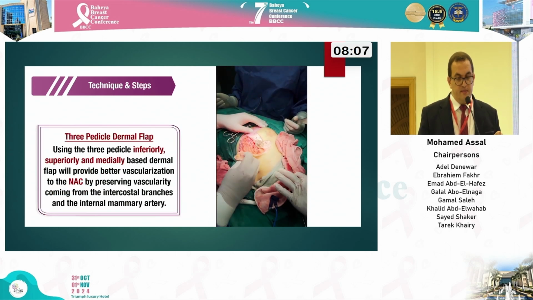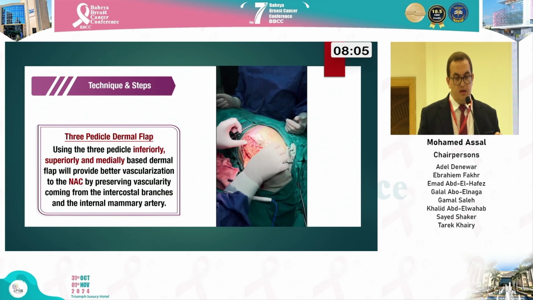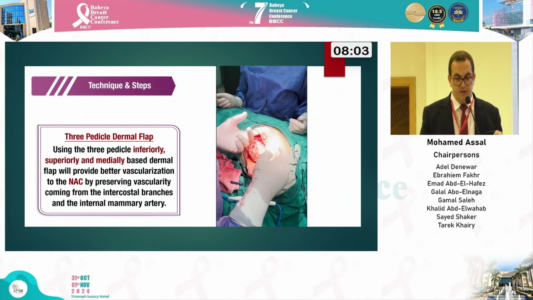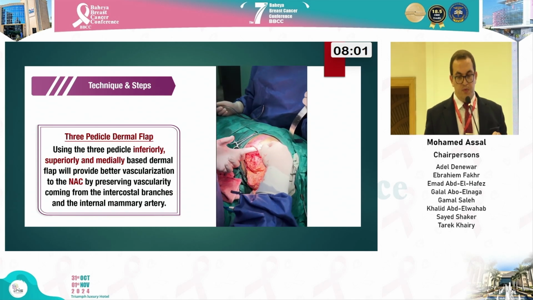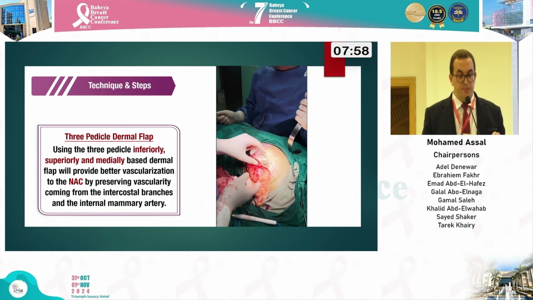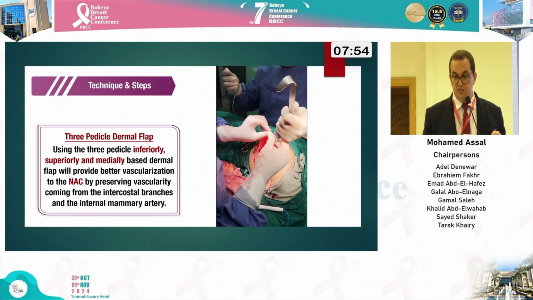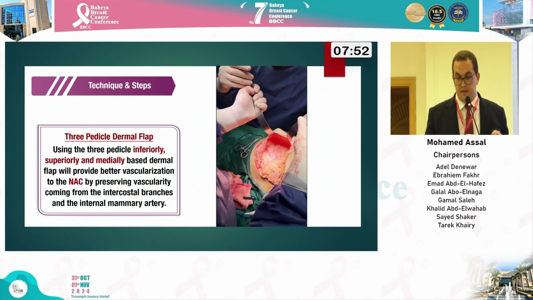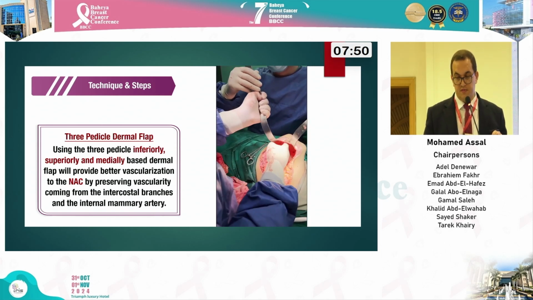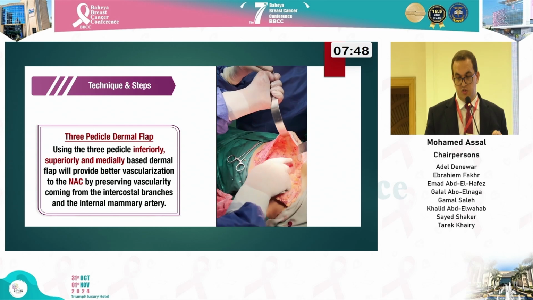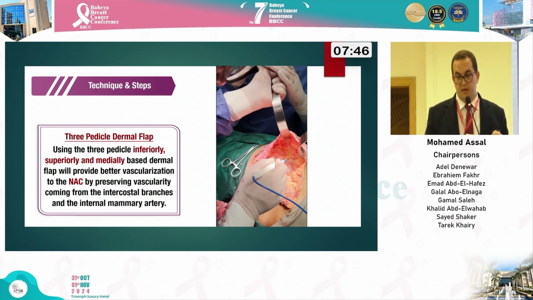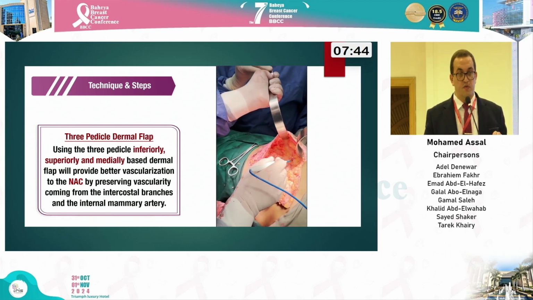The 3 pedicle dermal flap, using superior, medial and inferior based dermal flaps, will provide better vascularization to the nipple areolar complex by preserving vascularity coming from the intercostal branches and the internal mammary. Here we can see the dead space after conservative mastectomy, and you have to preserve the perforators of the intercostals.